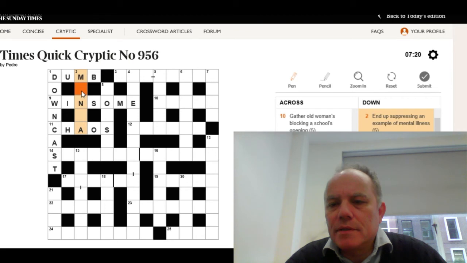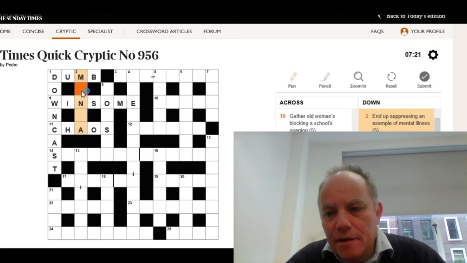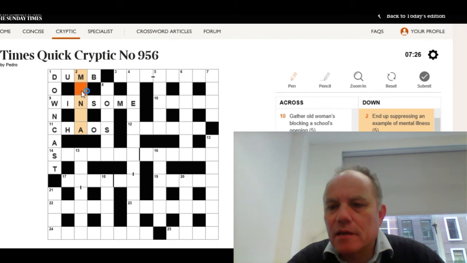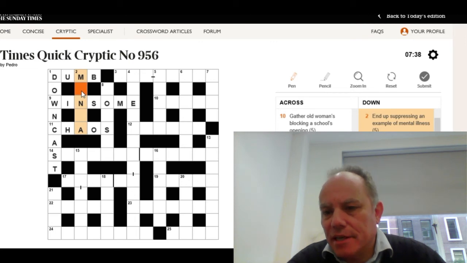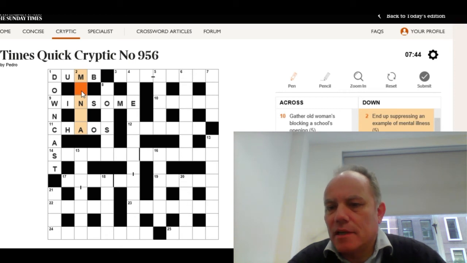So "end up" doesn't mean end up, it means an end put upwards, because this is a down clue. So you're reversing a word meaning end, and that word is suppressing not an example of anything, but just "an". So we're putting the word an inside a word meaning end written upwards or backwards, and the whole thing is going to give us an example of mental illness.